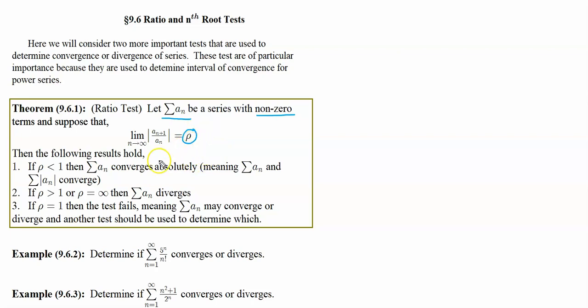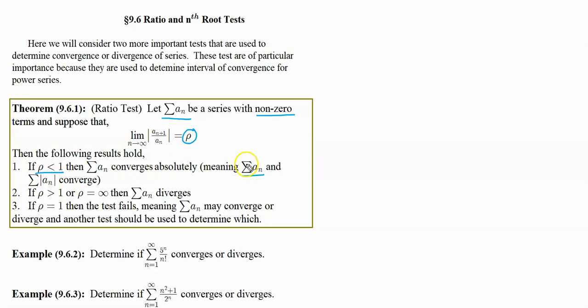Then we have the following three conditions that will determine whether or not this series converges or diverges. So case 1, if that rho is less than 1, then your series converges absolutely, which means that the series converges as well as the series of the absolute value of the a_n terms converges as well.